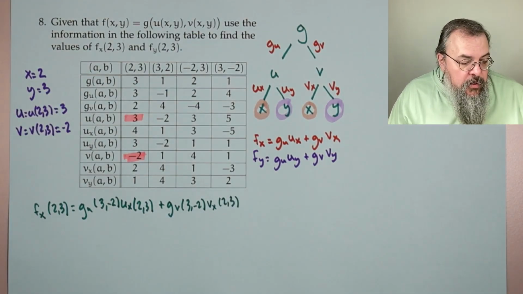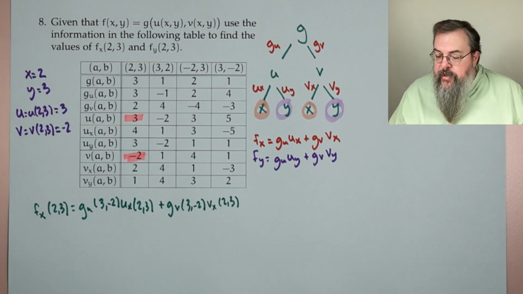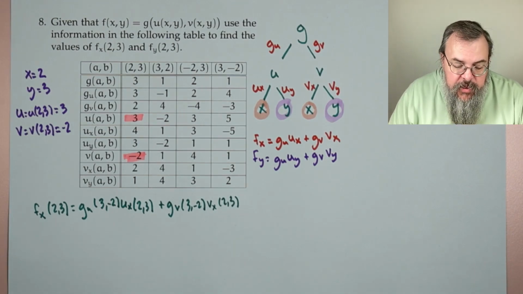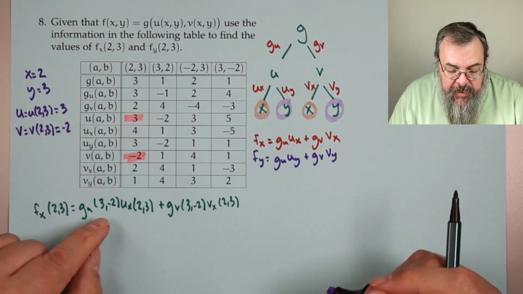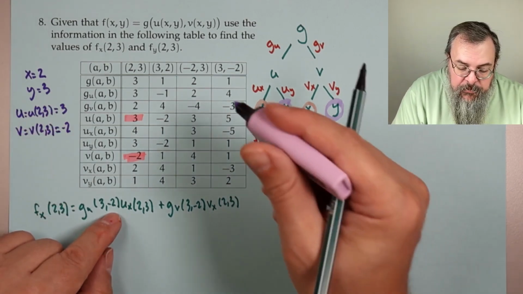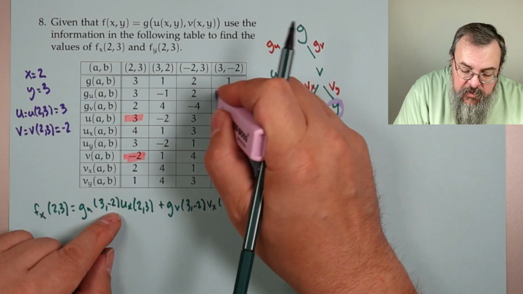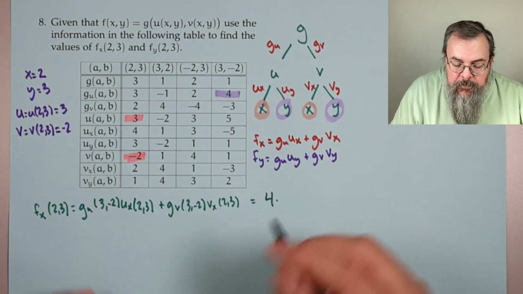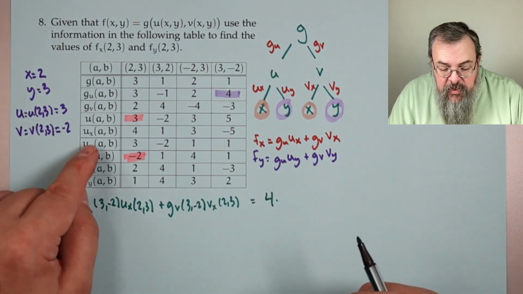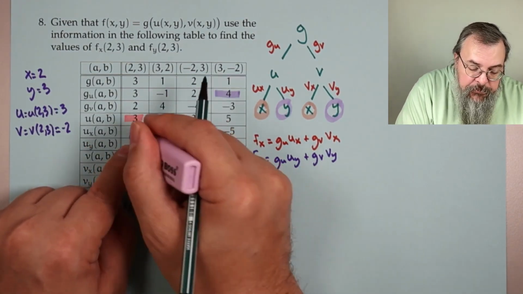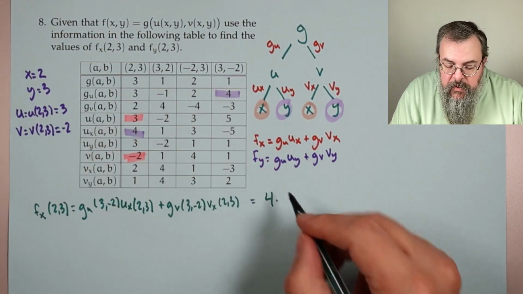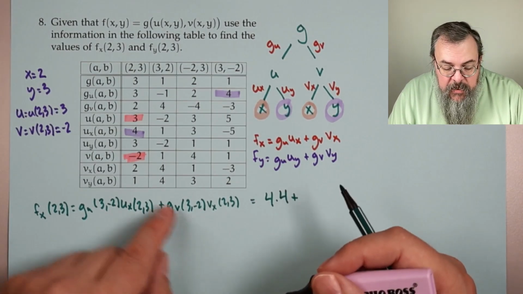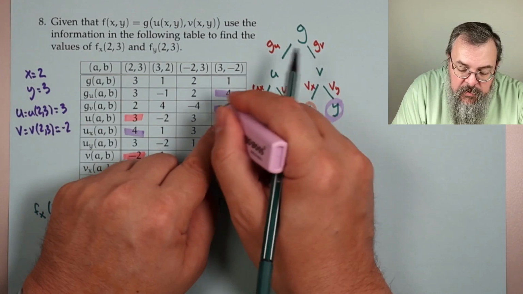All right, so what data are we trying to get from our table here? Well, you want g sub u at (3, -2). So that's here, 4. Okay, so this is 4. u sub x at (2, 3) is 4, plus g sub v at (3, -2).